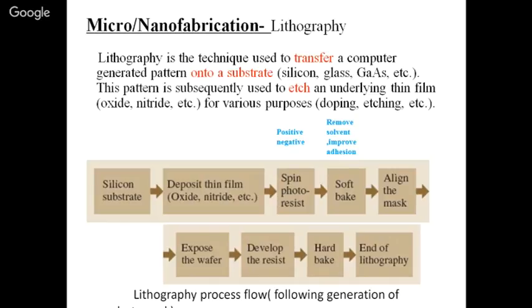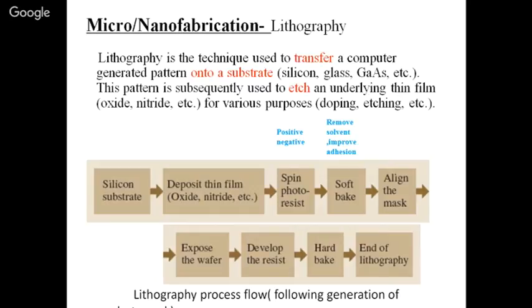Similarly here, deposit the thin film, now spin photoresist, then soft bake, then align the mask. Mask, I think you understand: the area which we are not interested in depositing on or etching the material from on this particular solid surface is covered by a mask, so that it will not be affected and the material will not be removed from that area.